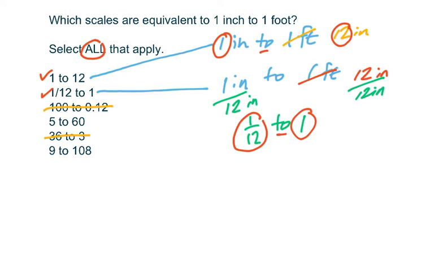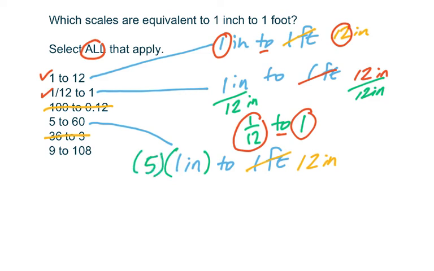So that one also works. For the next one, 5 to 60, I will start again with 1 inch to 1 foot. And I think the first thing I'll do is replace the 1 foot with 12 inches like I did on the first problem. And then I'm going to multiply both of these by 5.